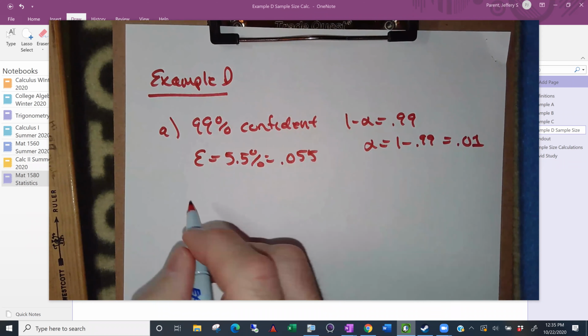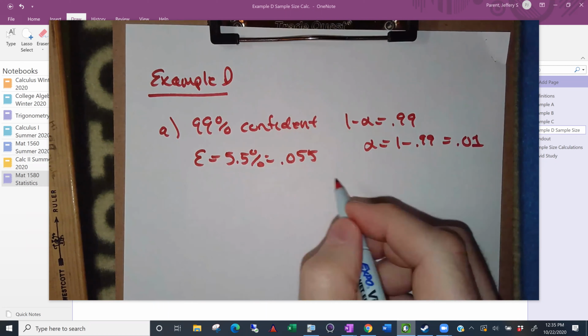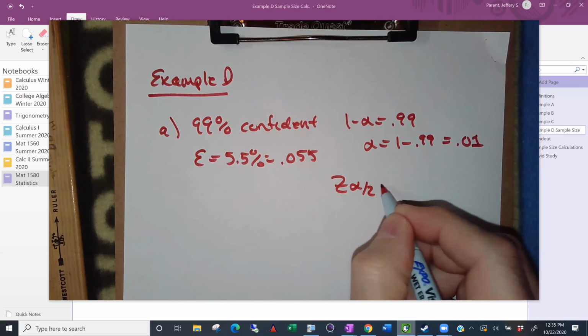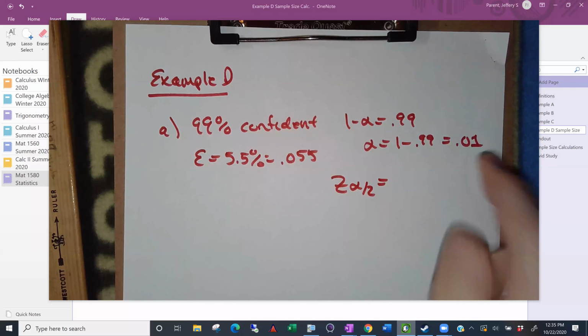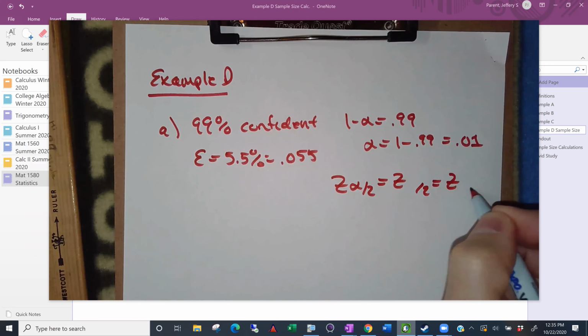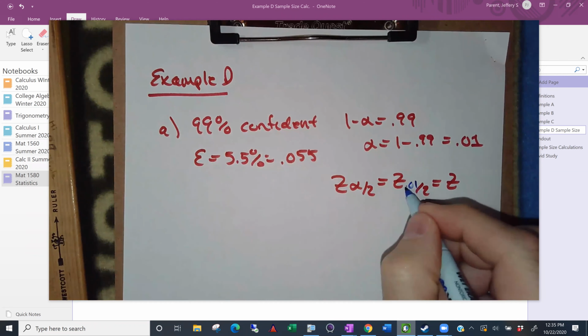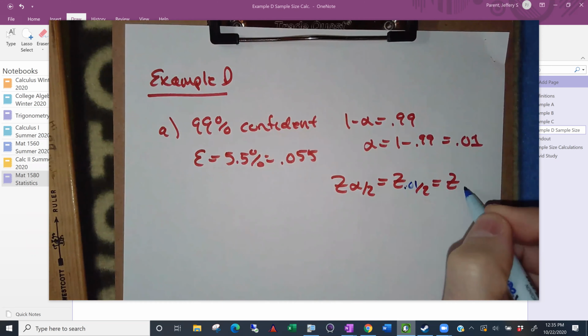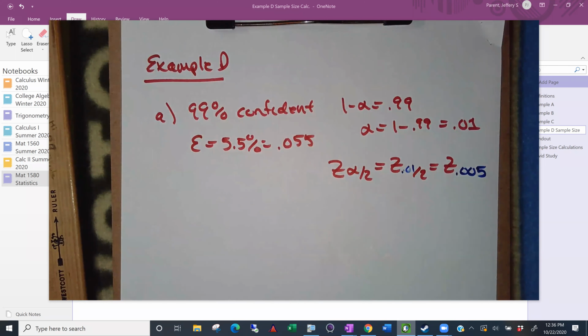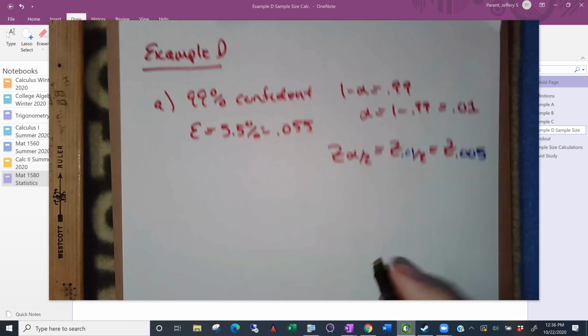You may have noticed that part of that formula was to find z alpha over 2. For that level of alpha, let's figure out what z alpha over 2 is. That's going to be z sub 0.01 over 2, which is z sub 0.005. I think we found this value earlier, but I'll remind you how to find it.